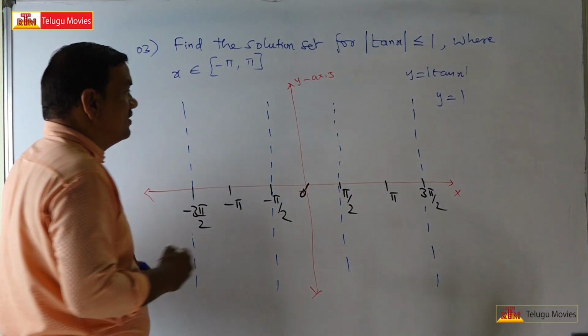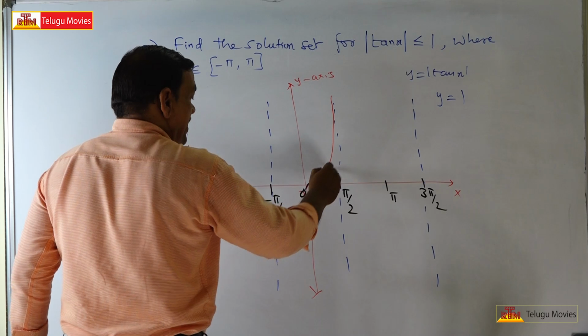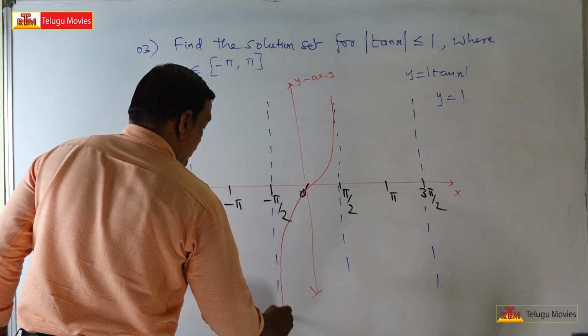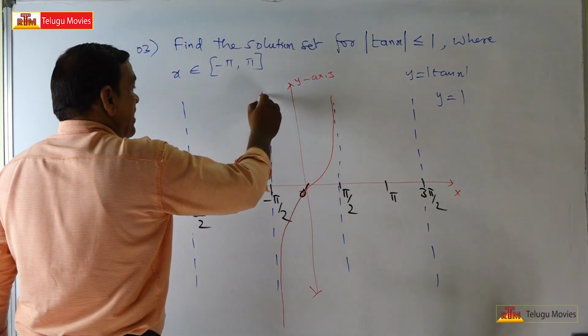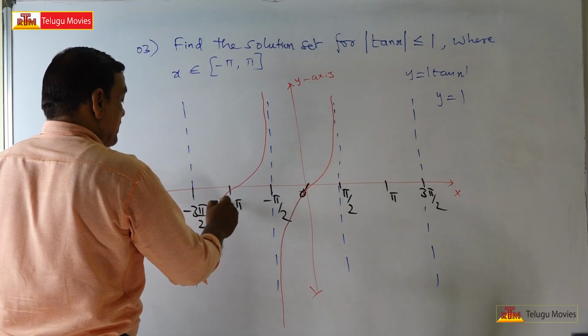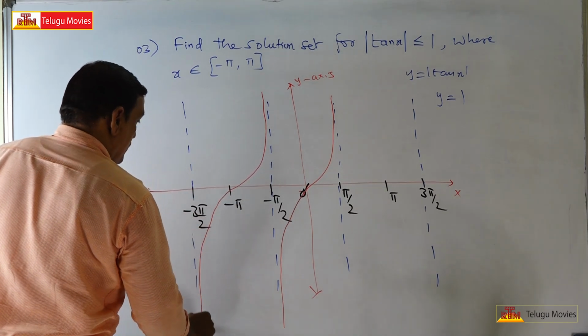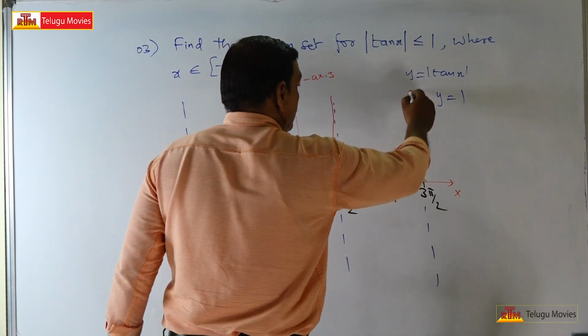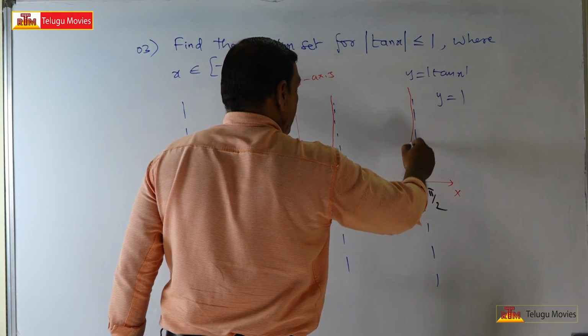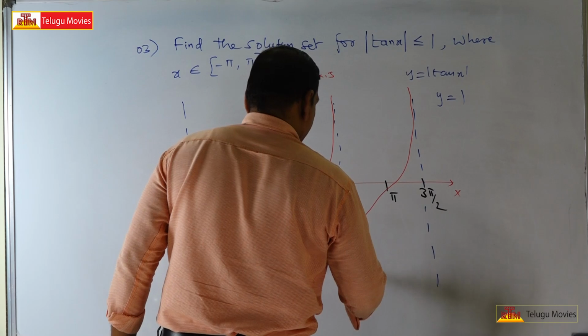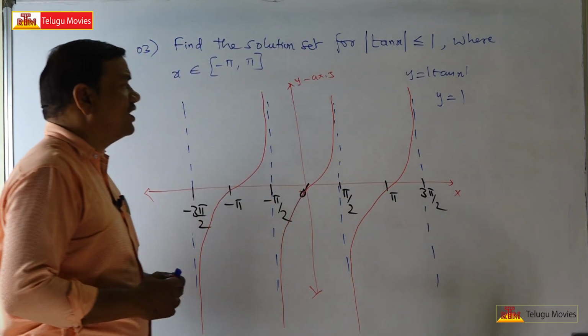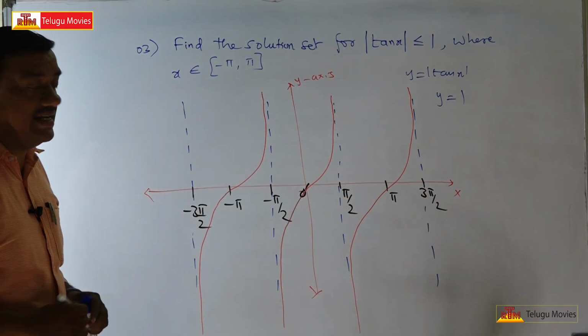So in the graph, tan 0 is 0, tan of minus pi by 2 is not defined, tan of minus pi is 0, tan 3 pi by 2 is not defined, tan pi is 0. So that is the graph of y equals tan x.